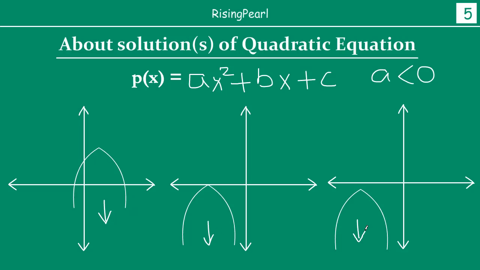And even in this scenario, it can have 2 zeros, like in this example there are 2 zeros. That means 2 roots of this quadratic equation. Here there is only 1 zero, so 1 root, and here there are no zeros, so no roots for this quadratic equation.